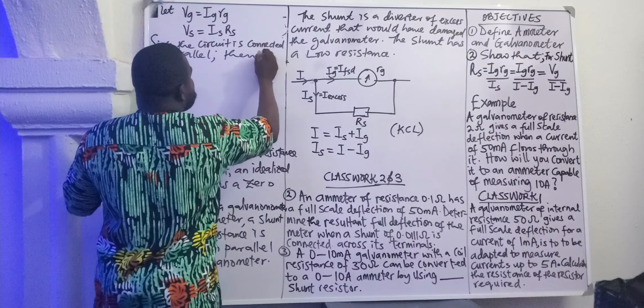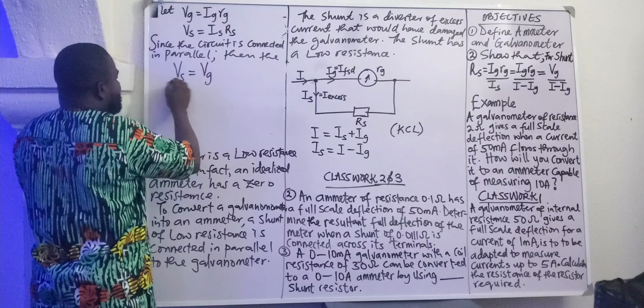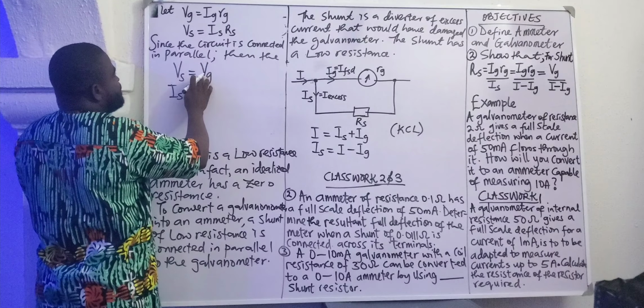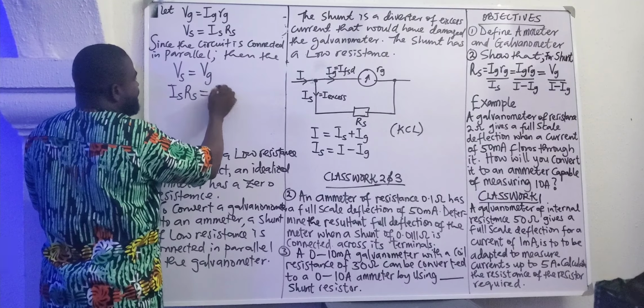Galvanometer. Voltage is the same for parallel connection, while the current is different. That is what we have. So in place of Vx, I'll put Ix Rx. In place of Vg, I will put Ig Rg.